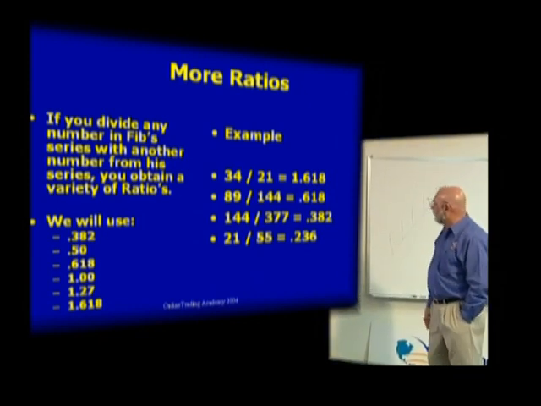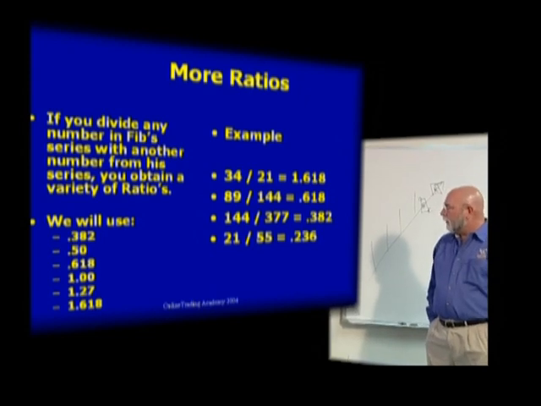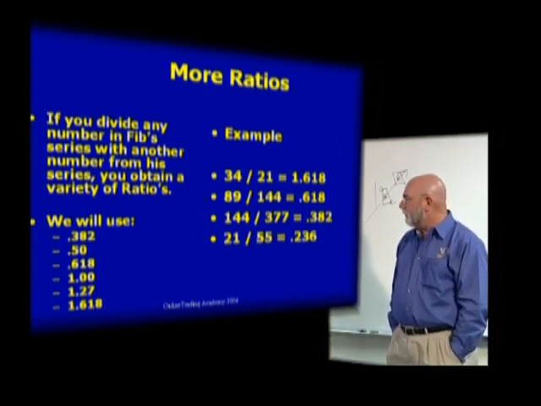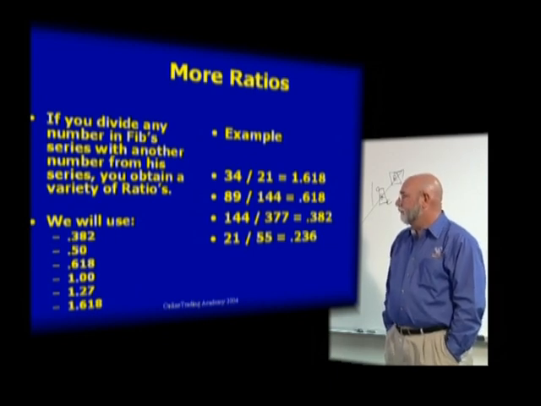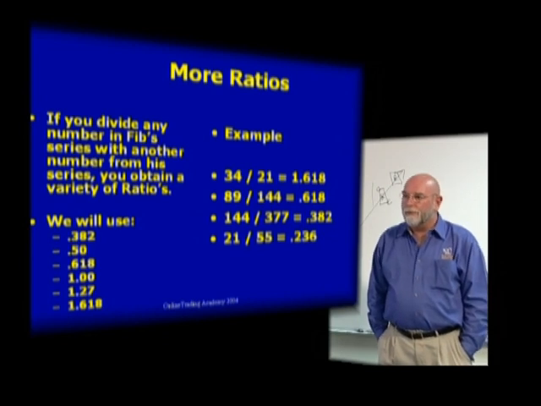Where do these guys come from? Well, you can see over here on the right-hand side, we just selectively grabbed numbers out of the Fib sequence and divided them to see what we came up with. And you can find all sorts of them in there.